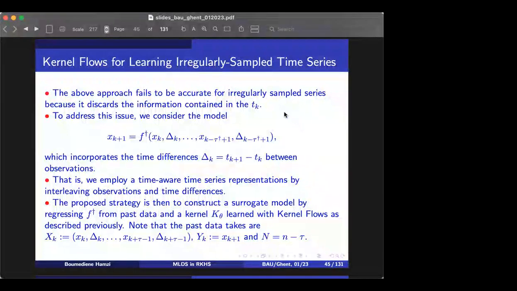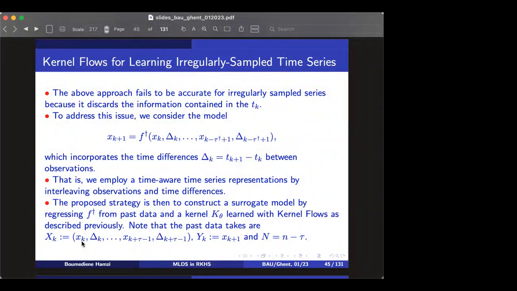The way we solve this problem is that we introduce the time differences, delta k equal to t_{k+1} minus t_k, in the data set. So we would work with the following extended state: instead of x_{k-1}, x_{k-2}, we do x_k, delta k, x_{k-1}, delta k-1, et cetera.